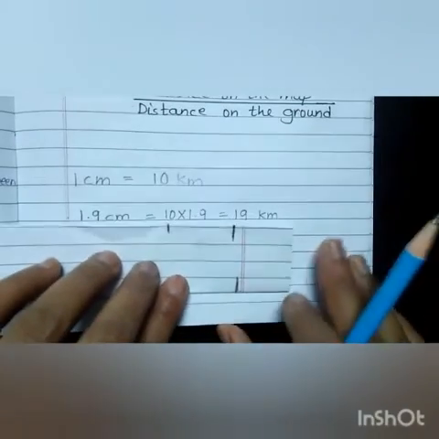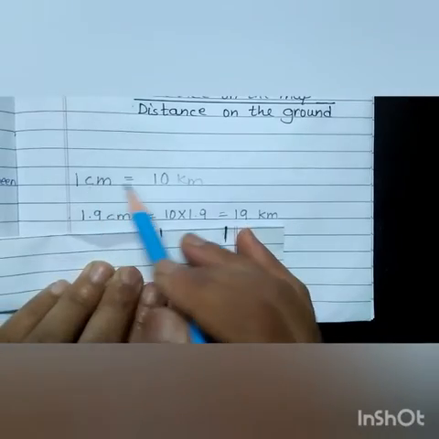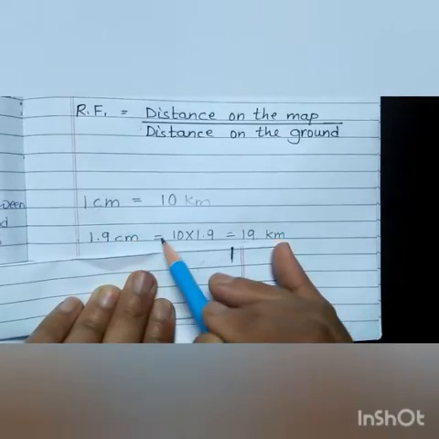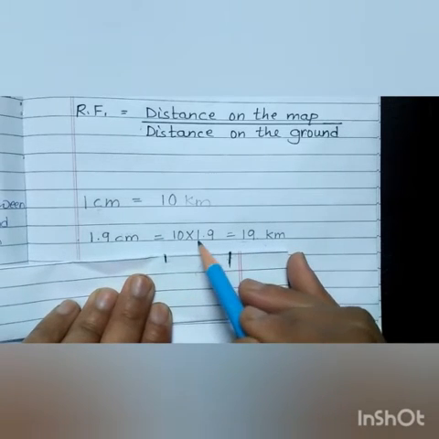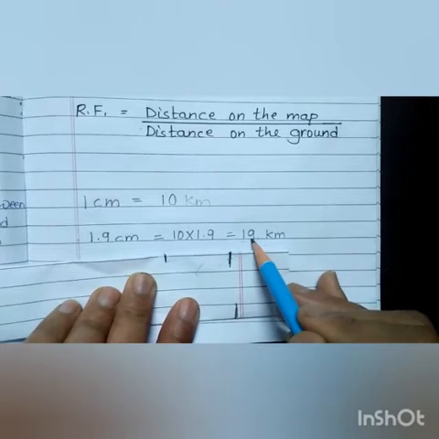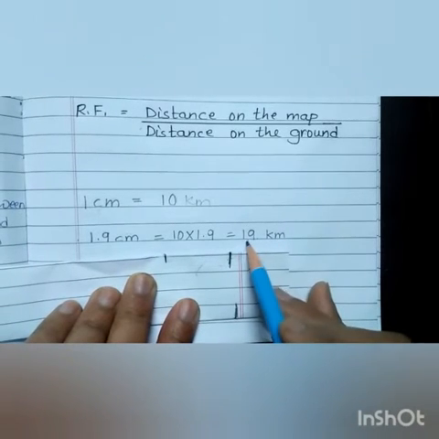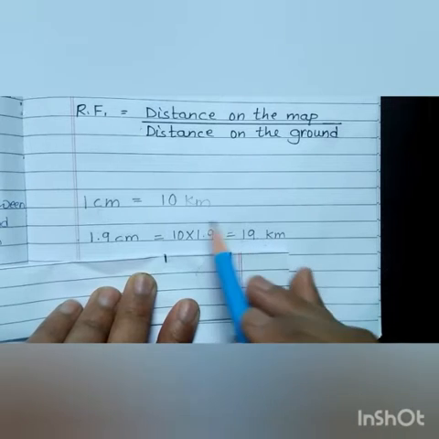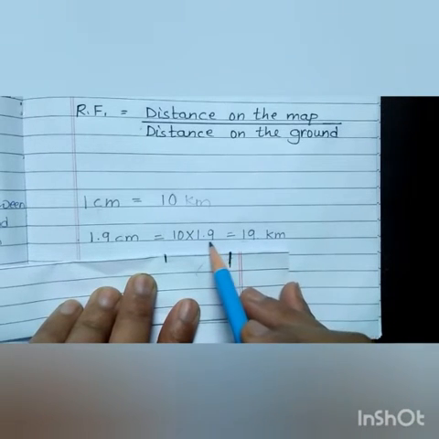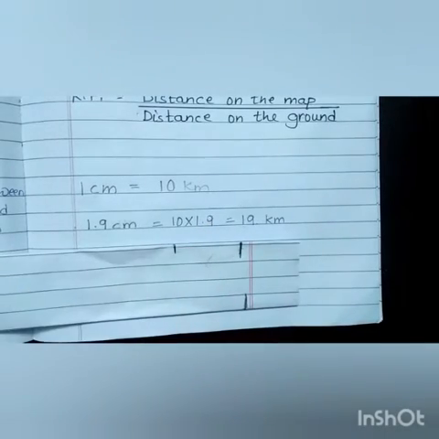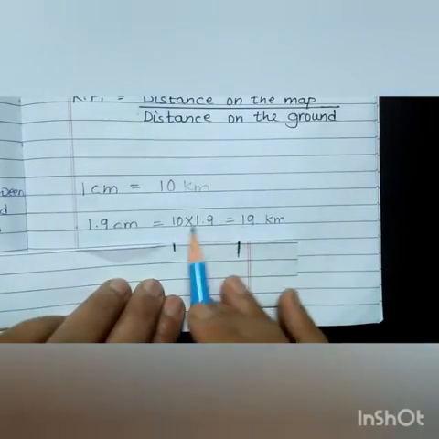Now what will we do? 1 centimeter is equal to 10 kilometer, so 1.9 centimeter is equal to 10 multiplied by 1.9. The answer will be 19 kilometer. 19 kilometer is our distance on ground, while 1.9 centimeter is our distance on map. That was our straight method.